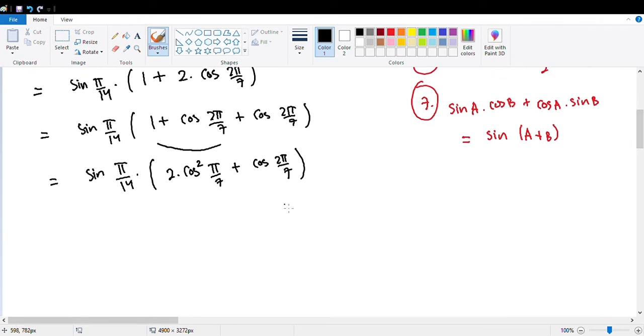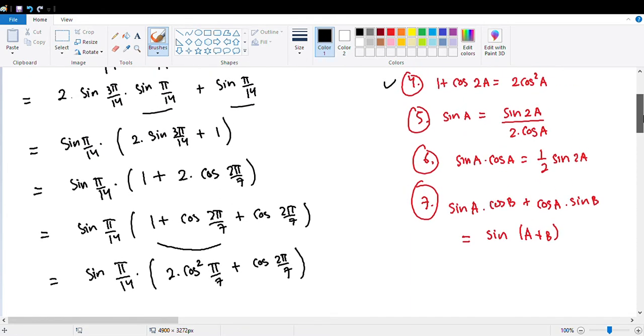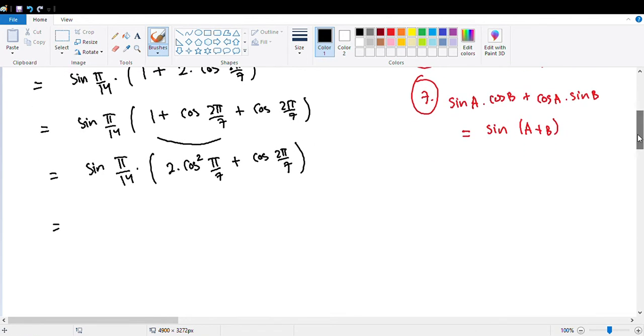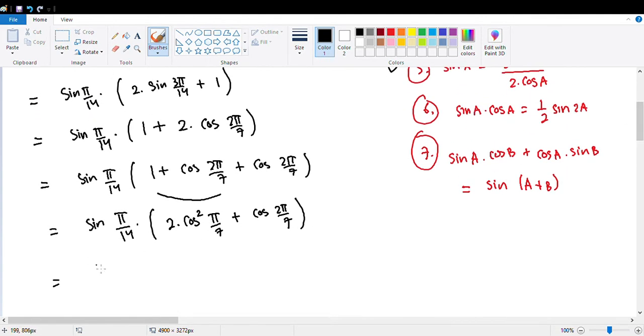Now I will convert this sine pi over 14 using formula number 5, that is sine alpha is equal to sine 2 alpha divided by 2 cos alpha. So it becomes sine pi over 7 over 2 times cos pi over 14, right?